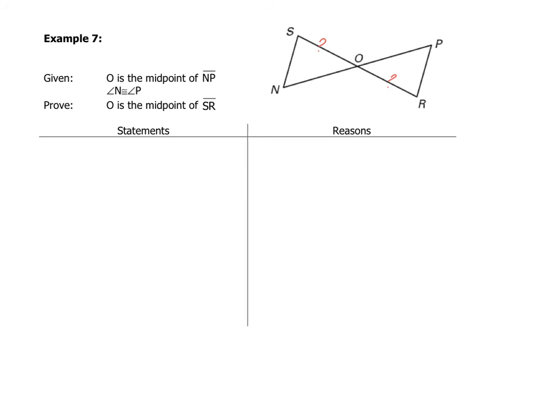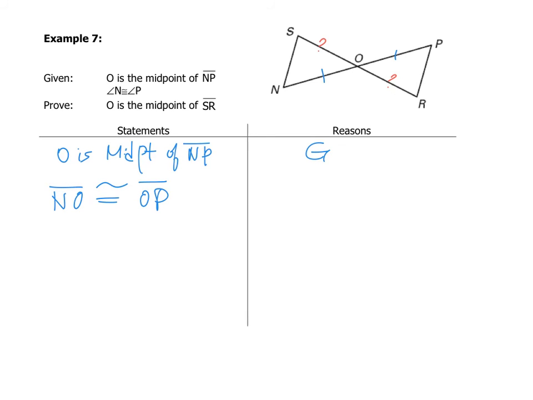So let's start. It says that first of all, O is the midpoint of NP. So let's write that down. O is midpoint of NP, and that's given, and therefore we can easily draw the conclusion that ON is congruent to OP. They're of the same length, and that's the definition of midpoint.